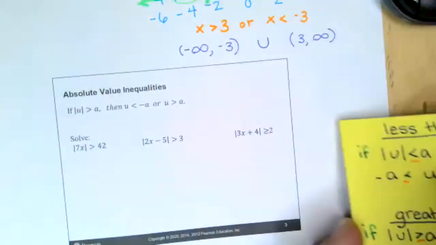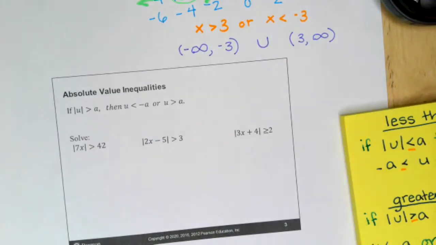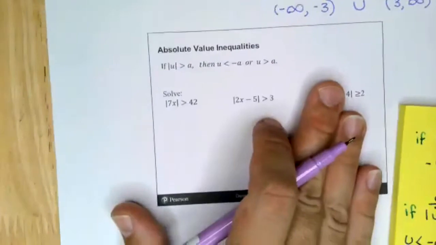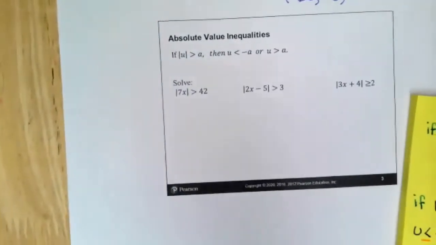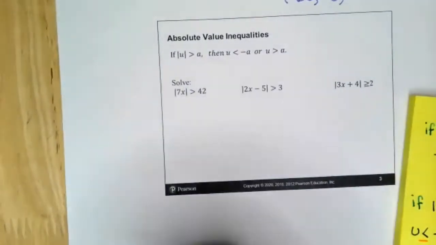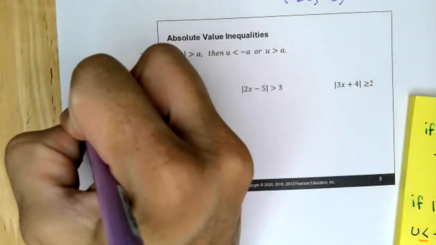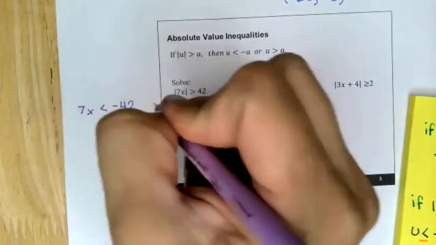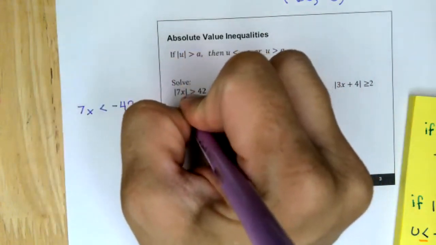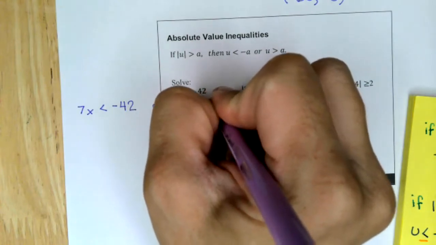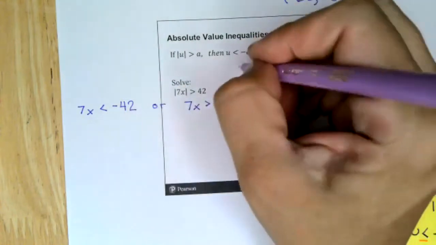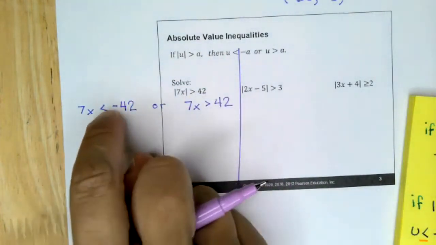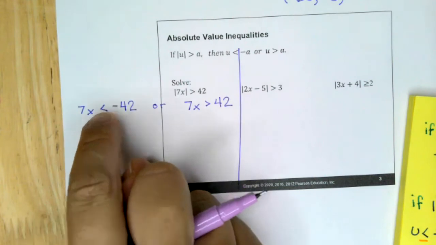So the absolute value of 7x is greater than 42 means 7x is less than -42, or 7x is greater than 42. Exactly what I already had. Or we flip the symbol, change the sign.